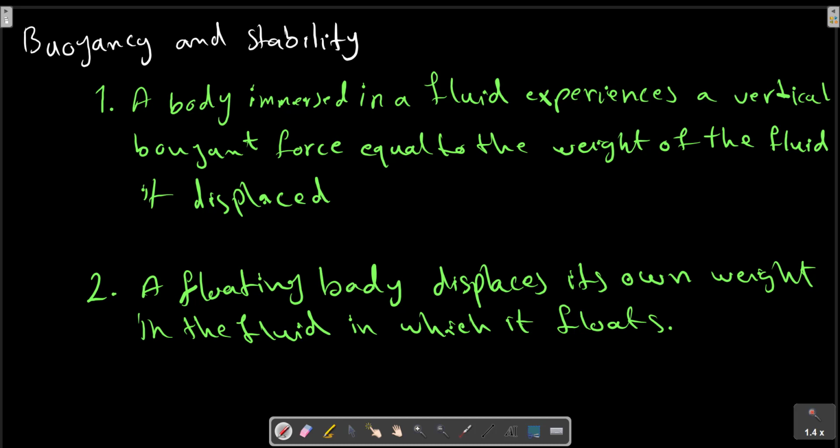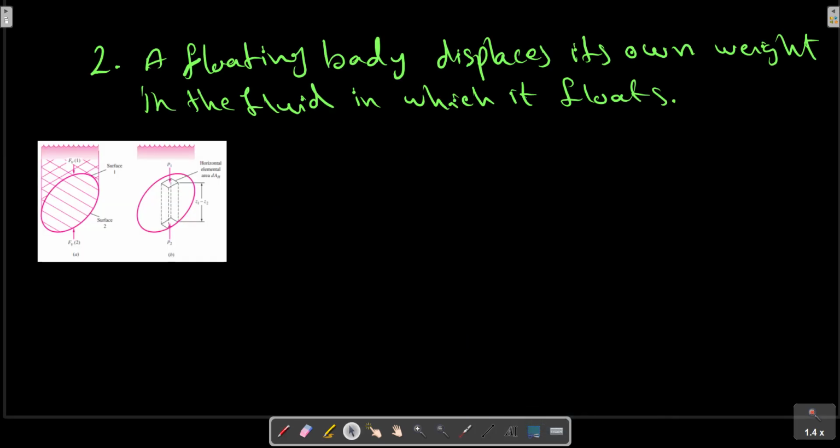Archimedes' two laws are easily derived by referring to some problems. Consider this picture for more description of these laws. From this picture, part A, a body lies between an upper curved surface.